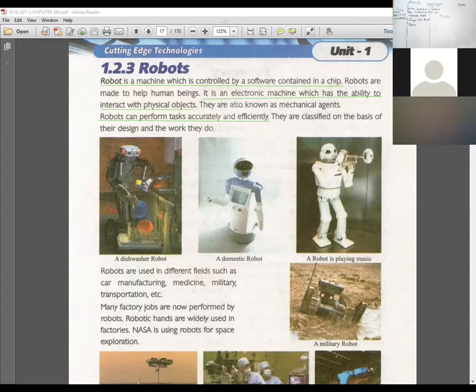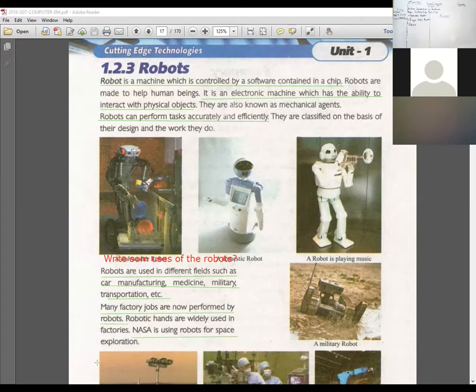Now you have to write the question here. Write the uses of robots. Okay, now I'm going to underline it. Robots are used in different fields such as car manufacturing, medicine, military, transportation, etc. Many factory jobs are now performed by robots.